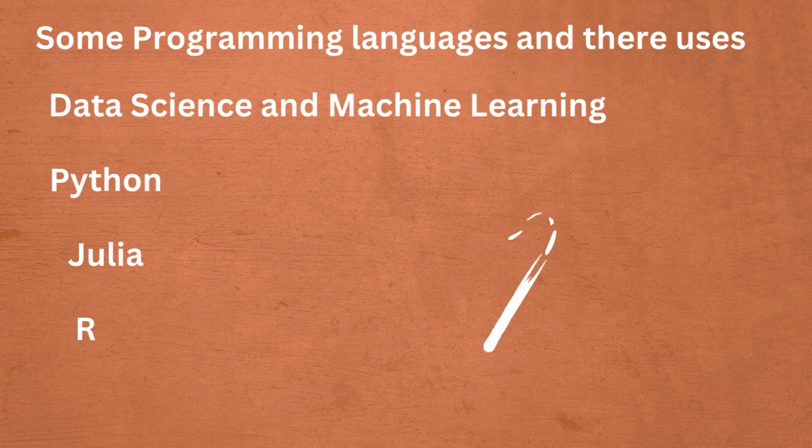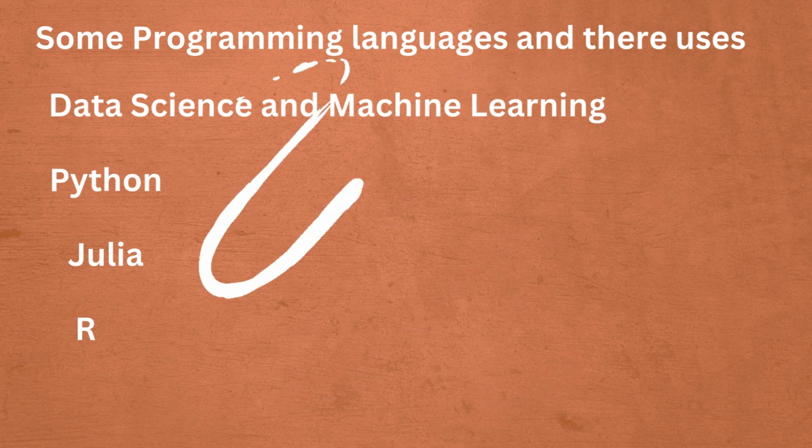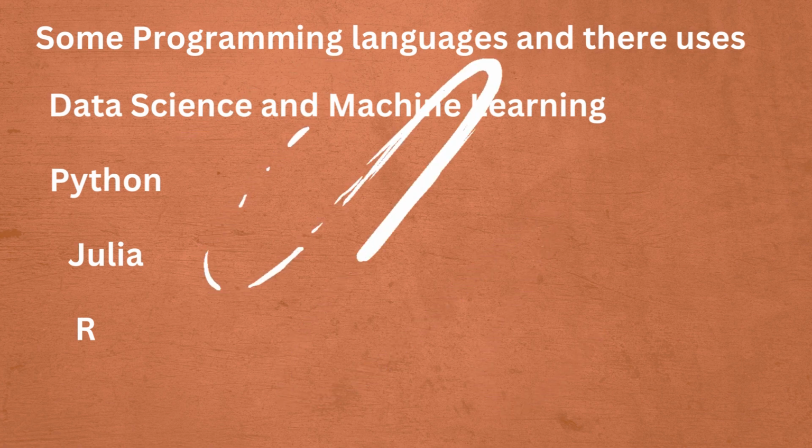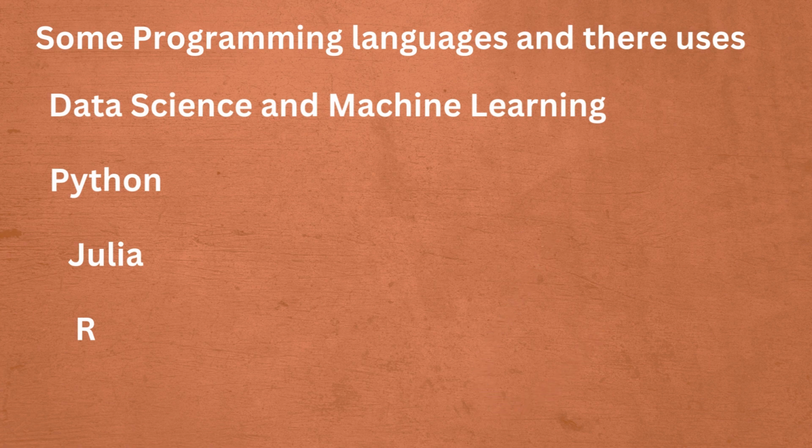These languages are very robust when it comes to data science and machine learning. And mind you, you can also use other programming languages for machine learning, but these three languages will make your journey very, very easy, especially Python.